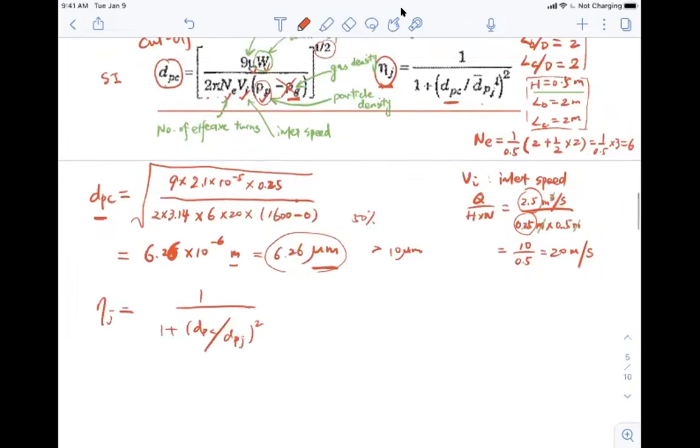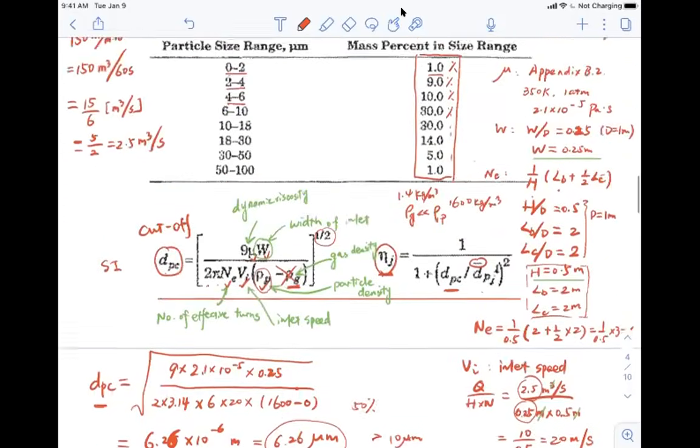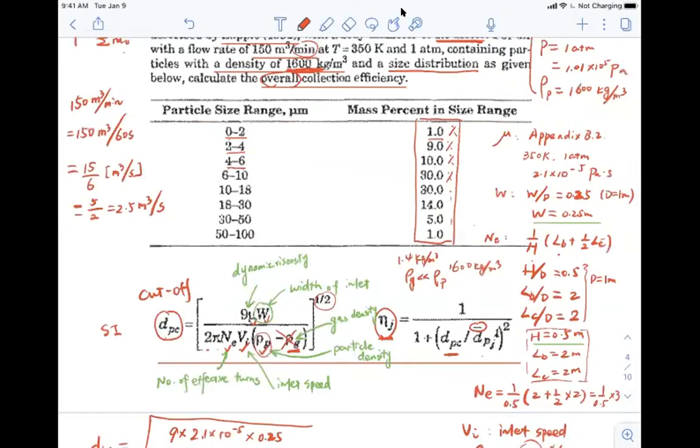So some of you may wonder what it means by this bar here. So bar here is the average size. So what does it mean by average size? So if you look at this table here, it's giving you a range of the particle size, okay? So 0 to 2, 2 to 4. So we're not going to solve the efficiency at any of the size in between. So instead, we're just going to look at the average size in this size range, okay? So we can first find out what is the DPJ bar.